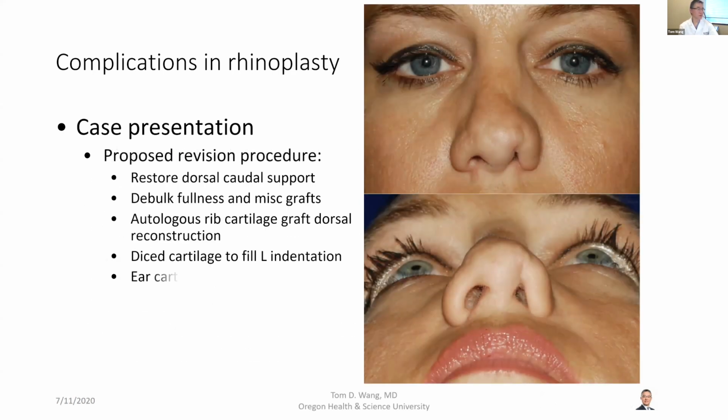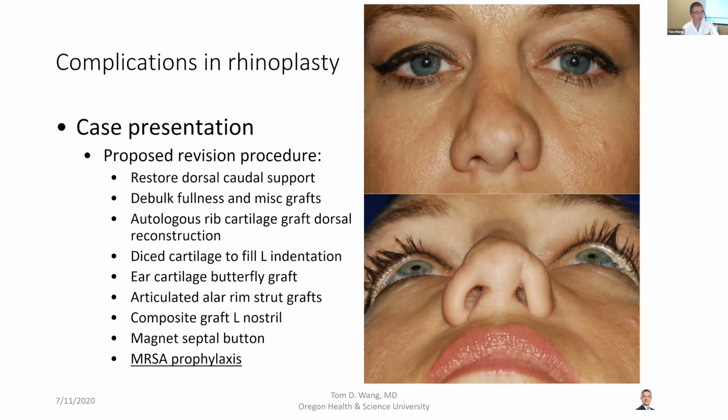So here was the proposed revision procedure. Knowing everything up to now, I was hesitant to embark on this revision, but we discussed the need to restore dorsal caudal support since she didn't have any. Debulk the fullness and the miscellaneous grafts that are still lurking in here that haven't extruded yet.